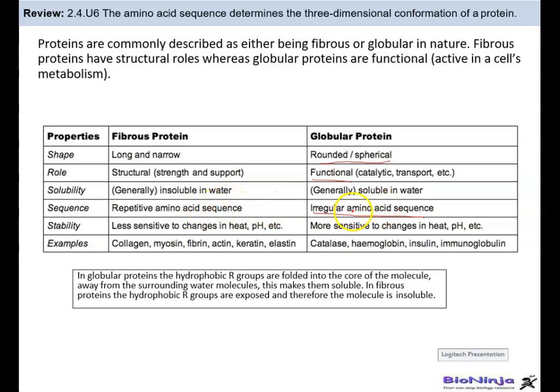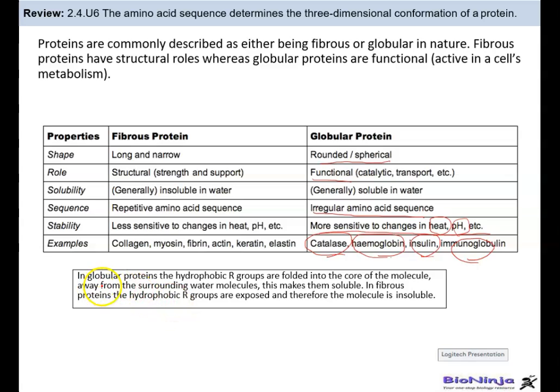So they have irregular sequencing. They are more sensitive to changes, making them very sensitive to heat and pH. And examples are important: catalase, hemoglobin, insulin, and immunoglobulin are also globular proteins.